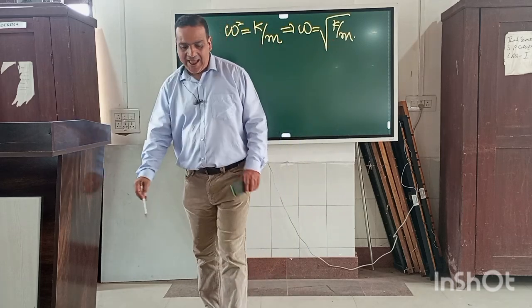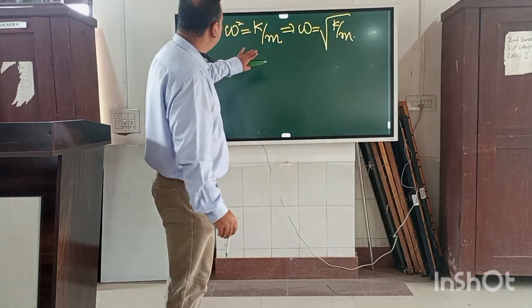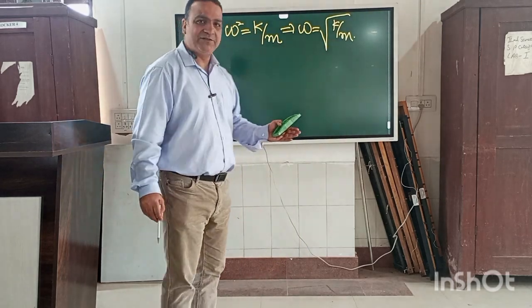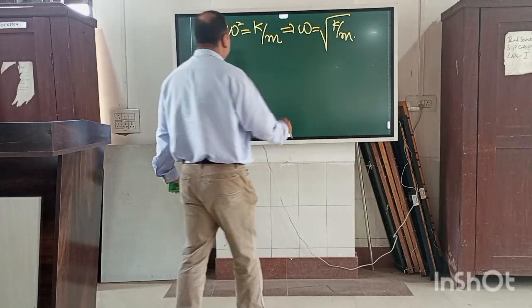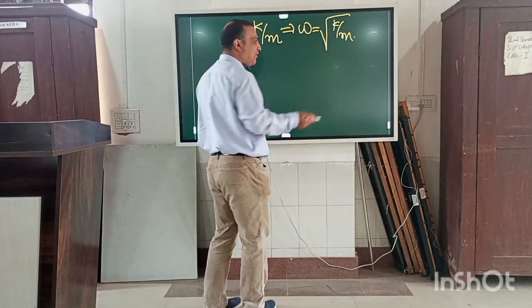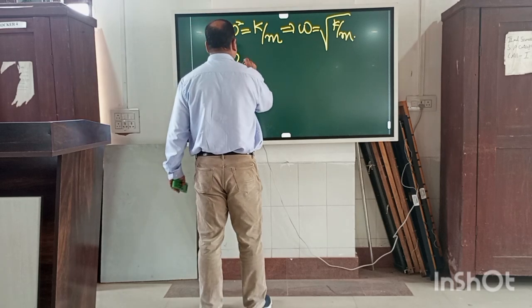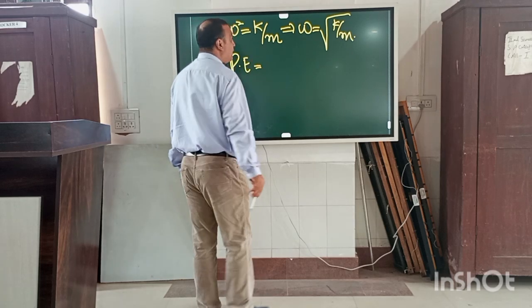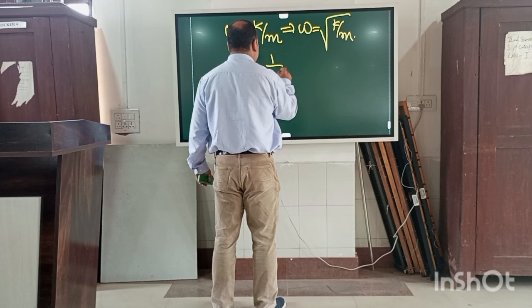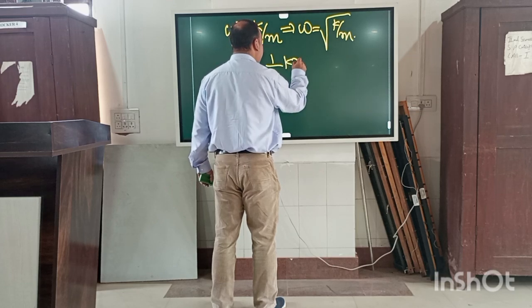So if I have to write down the energy of this oscillator, the kinetic energy will be 1/2 m v squared. If I have to write down the potential energy of this oscillator, what is that? That is 1 by 2 k x squared.